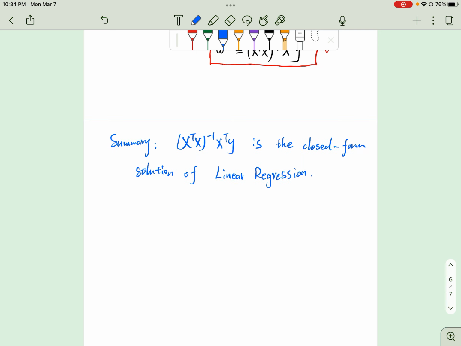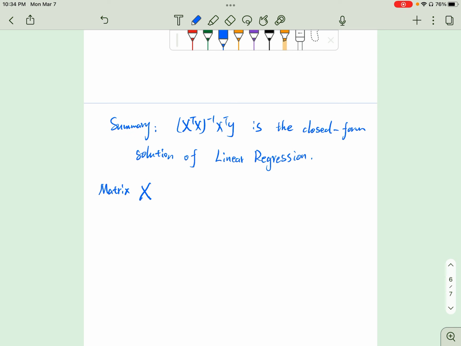And let's see closely what these are. So we define matrix x. This is a very big matrix because we will have many samples and many features. Matrix X contains all the feature information.